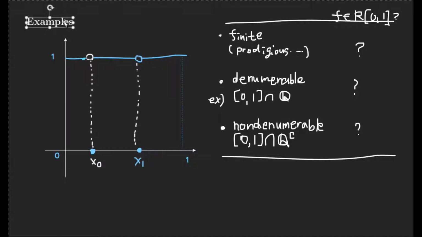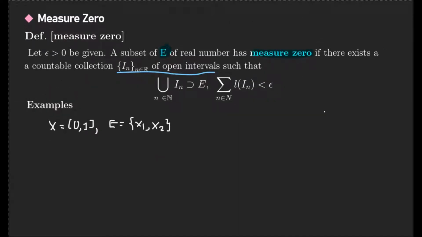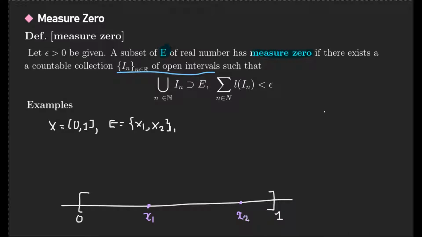When I draw the figure, the closed interval [0, 1], I delete arbitrary points x1, x2. Then I claim, clearly, the set E is measure 0.